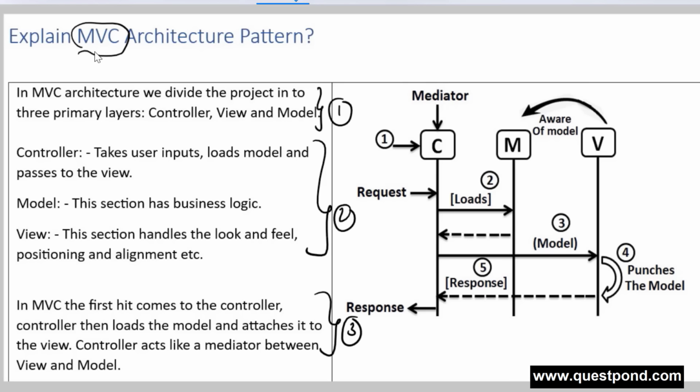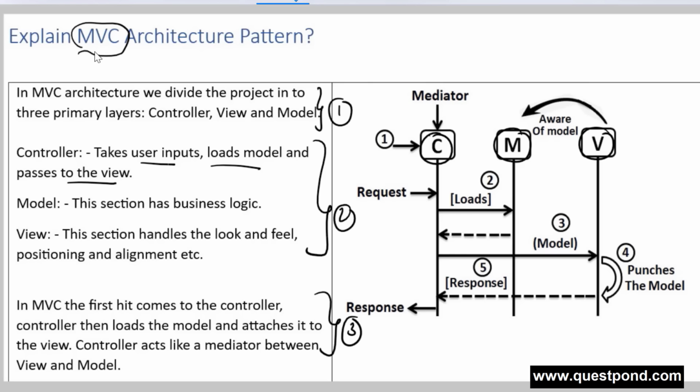For example, in MVC, the way I would answer this question is that the MVC architecture is divided into three sections: one is the controller, one is the model, and another is the view. In the controller, we take the user inputs, we load the model, and we invoke the view and so on. So the controller is front facing to the user input. It is the first thing triggered in MVC.